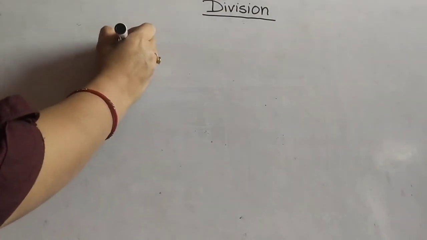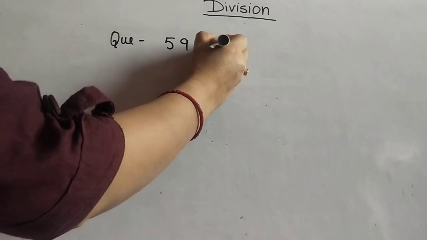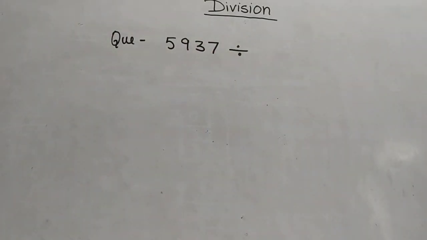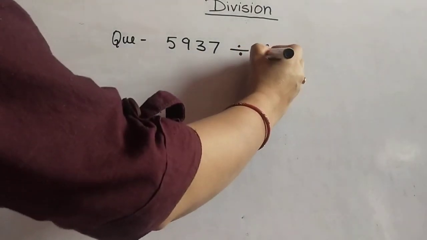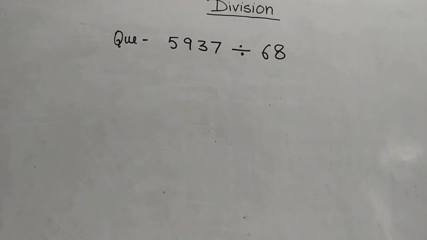So let's see one more example for it. 5,937 divided by, this is the symbol of division, 68. So the dividend is 5,937 and the divisor is 68.